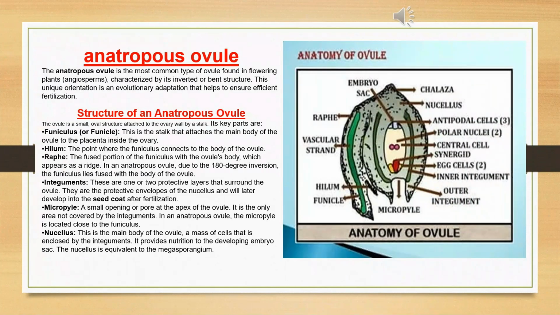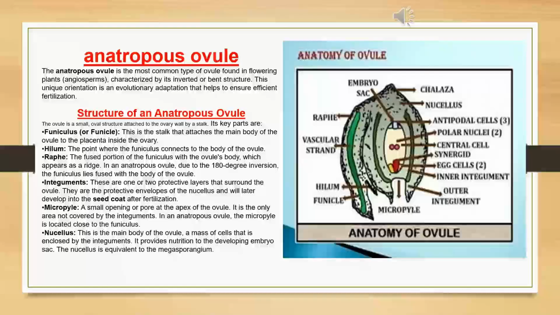The ovule is a small oval structure attached to the ovary wall by a stalk. Its key parts are the funiculus or funicle. This is a stalk that attaches the main body of the ovule to the placenta inside the ovary.